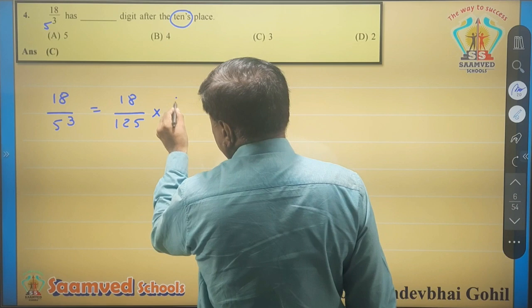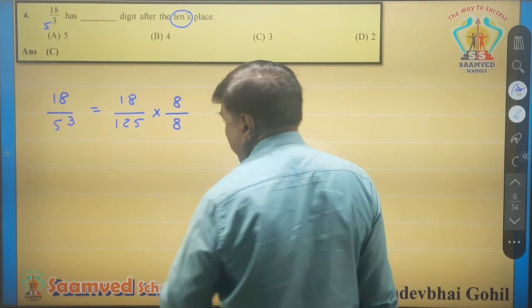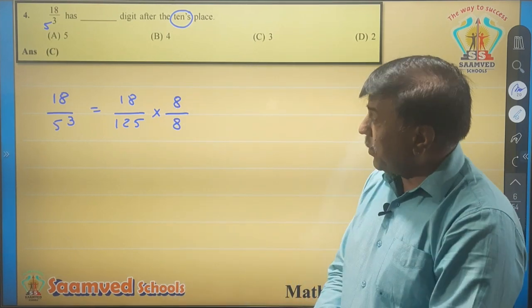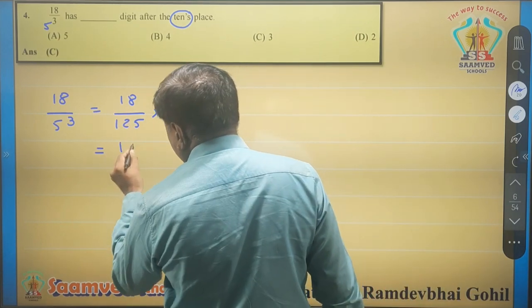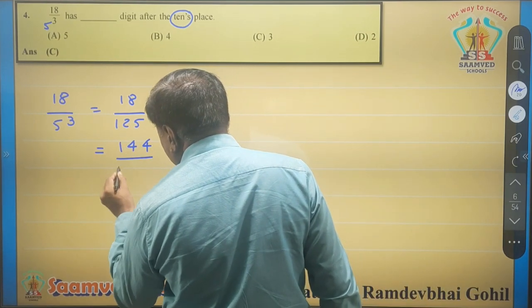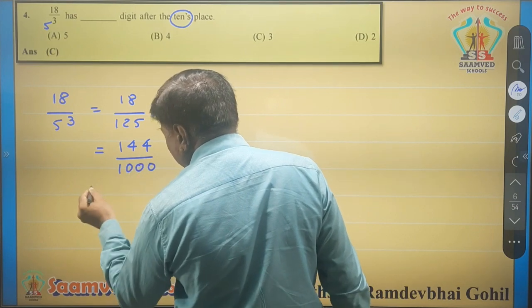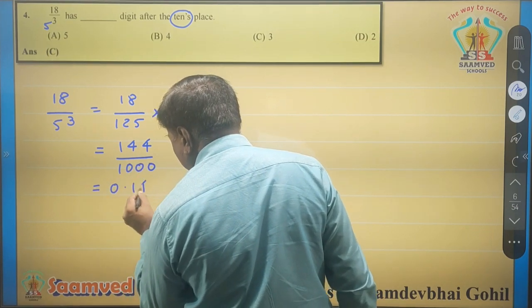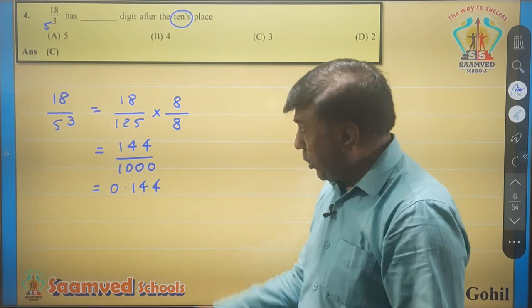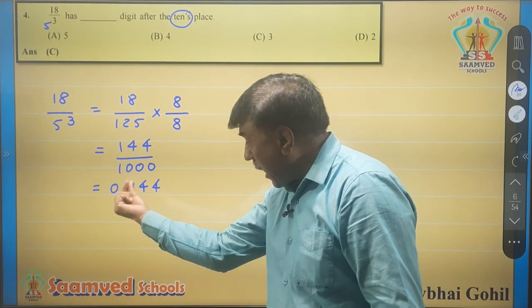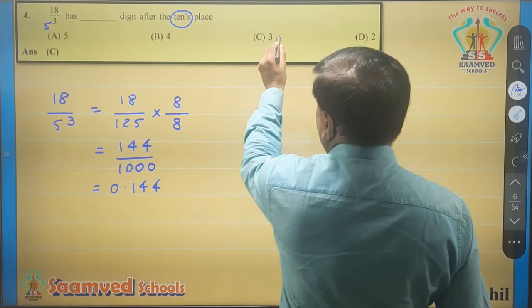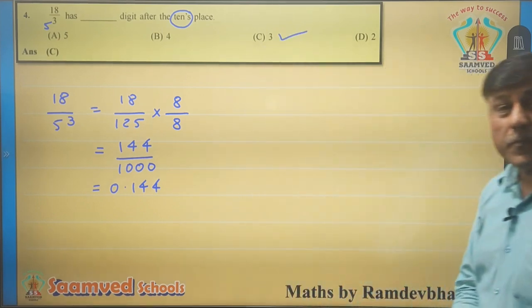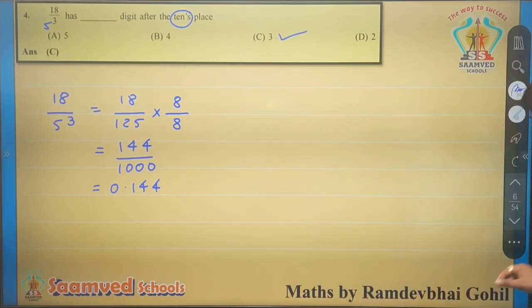Multiply by 8 upon 8. So it will be 144 upon 1000. So it will be 0.144. So there are 3 digits after the decimal point. So your answer is option C, right?